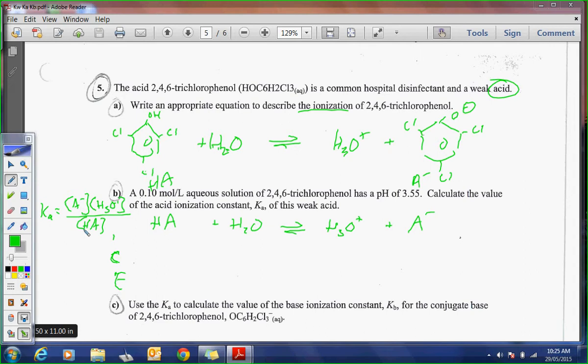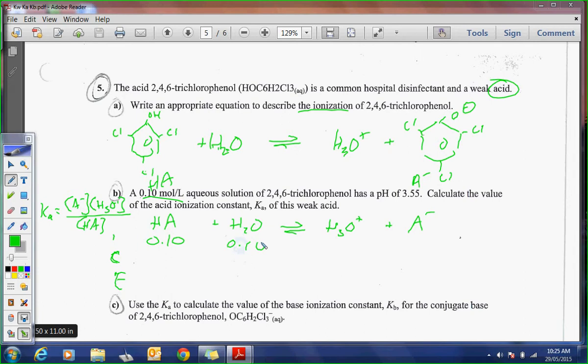So in our ice tables, this is a bit of a review, okay? This part here is a review, I hope. In our ice tables, we would say that we started with a concentration of that. So this is 0.10. Yes? The water is in excess. I got lots of it. So I was going to have as much as I need. How much will I need? 0.10.